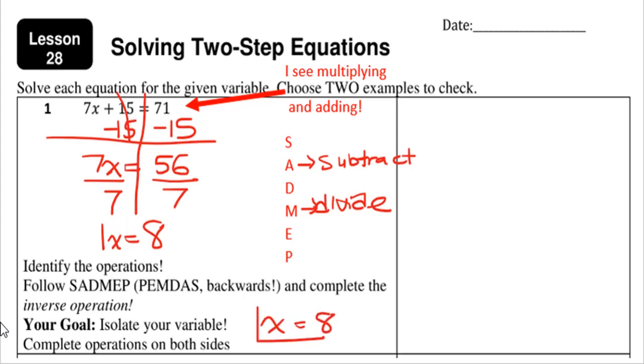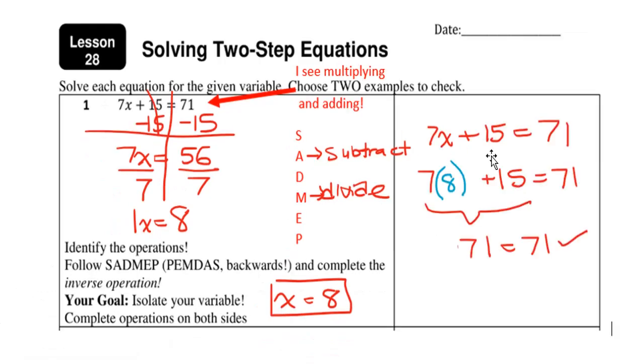Now, I left this box over here for you to check. I'm going to show you how to check this one, and you must do the two examples to check as well. So the ones we do at the bottom, you're going to have to show a check. Remember, 3 steps: rewrite, replace, and redo the math.